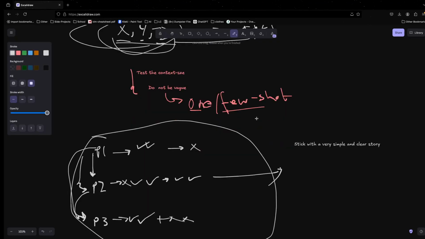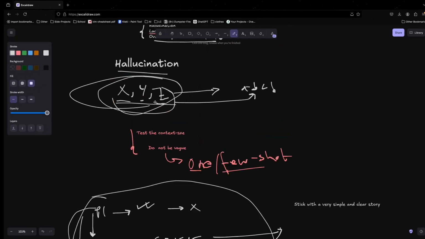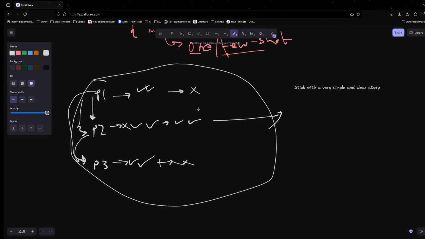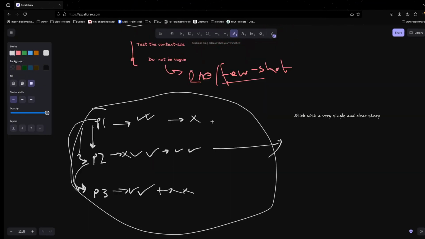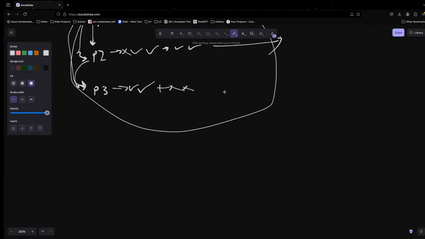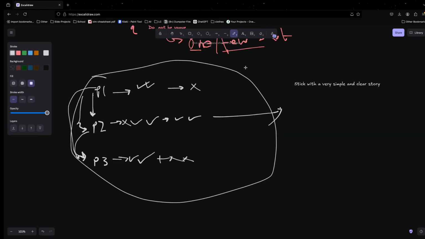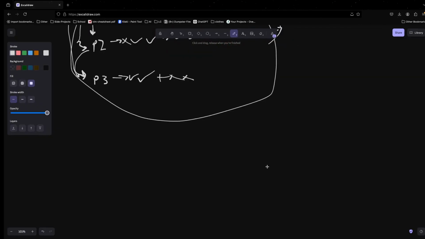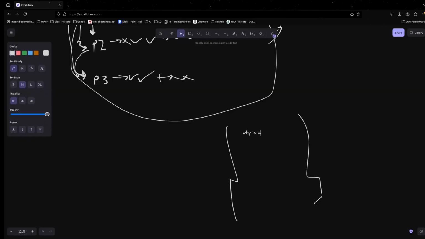Overfitting based on the prompt takes a combination of hallucination and a bit of this, where essentially you start testing the context size. For example, if you are trying to use something called few-shot learning, and then your prompt gets very big with a lot of very specific details. Let's say the customer service agent again, and you give an example of when a user asks, why is my bill so high?